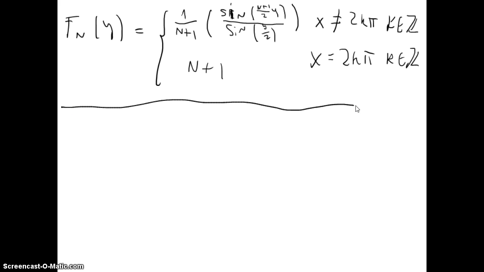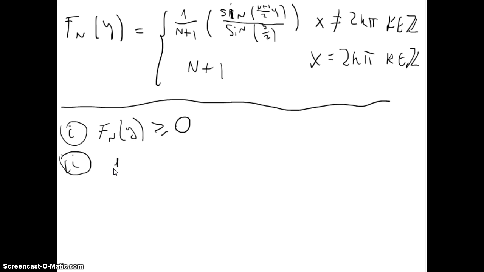And some properties of the Fejer kernel. First of all, it is greater than or equal to 0. Then 1 over 2 pi, the integral from minus pi to pi of F_n(y) dy is equal to 1.